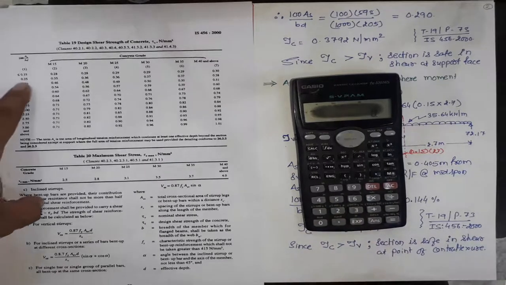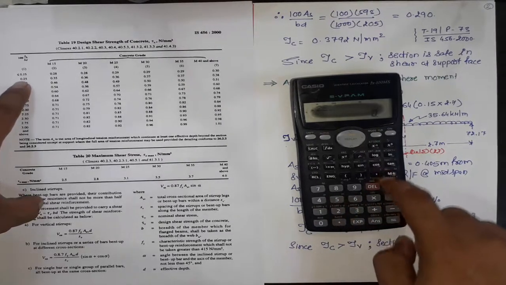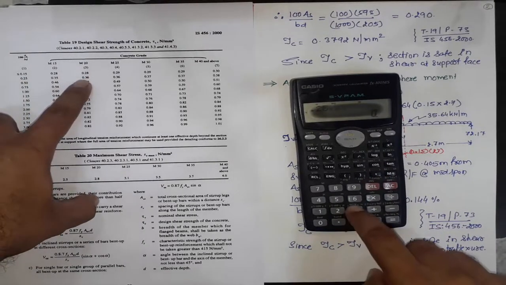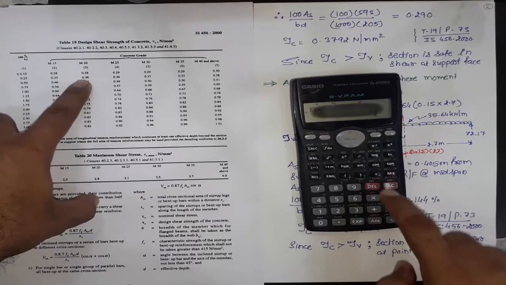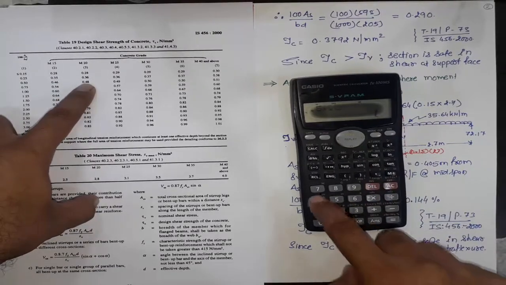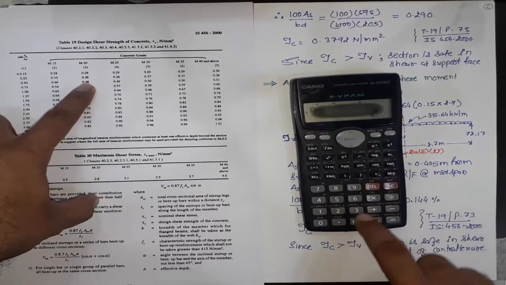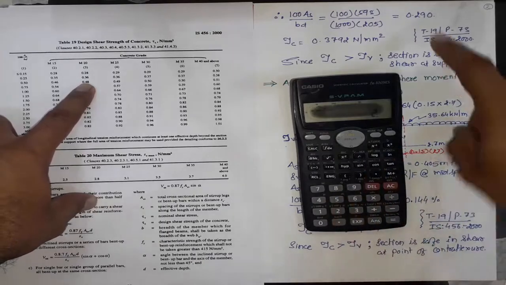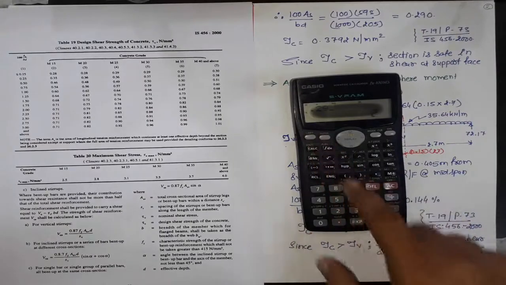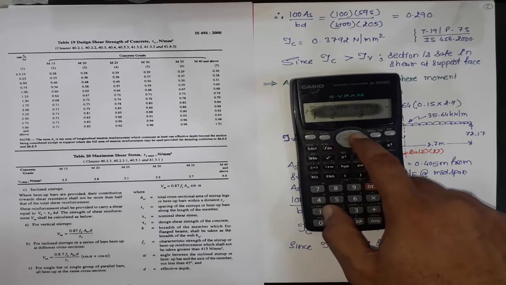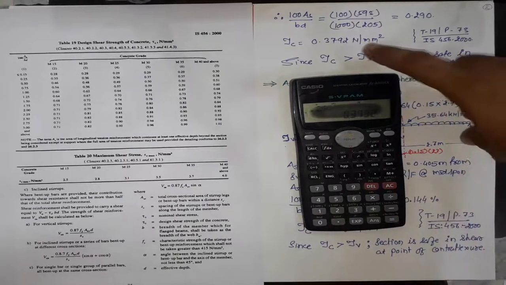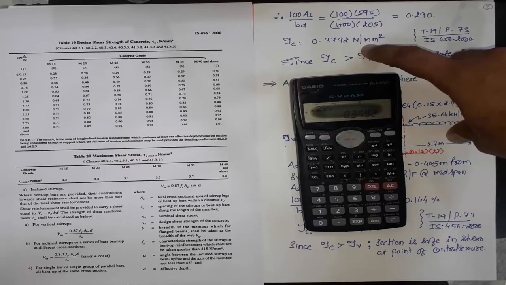We will enter 0.25, comma, corresponding value for M20 is 0.36, memory plus, 0.5, comma, corresponding value is 0.48, memory plus, for 0.29, corresponding value will be 0.3792 Newton per mm square.